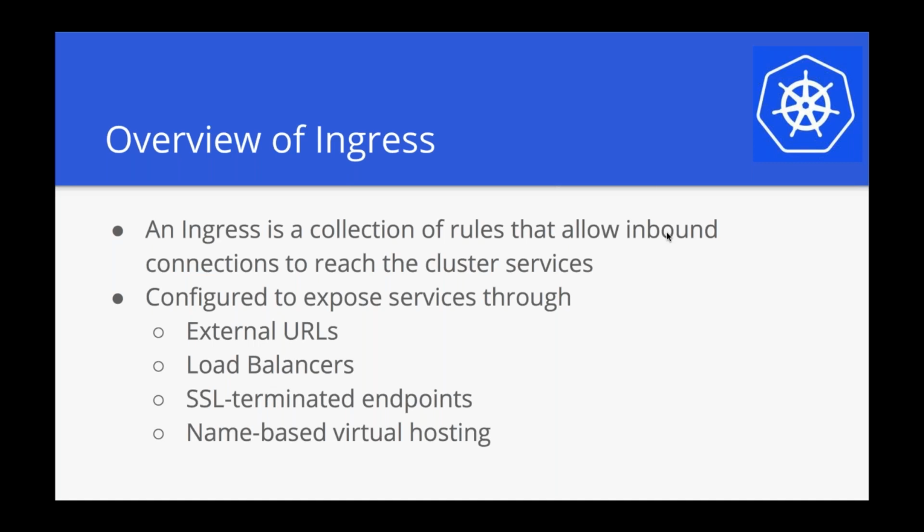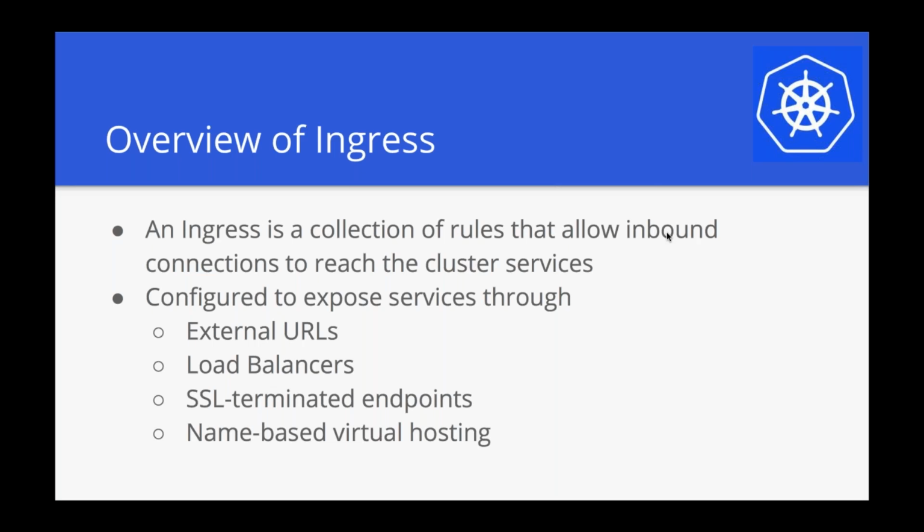Ingress in itself is not a physical representation of an edge device. It's a logical controller that will be mapped to one of your load balancers, either cloud or physical or a proprietary one. It creates a set of rules, and these rules will route the traffic at runtime to an appropriate endpoint.